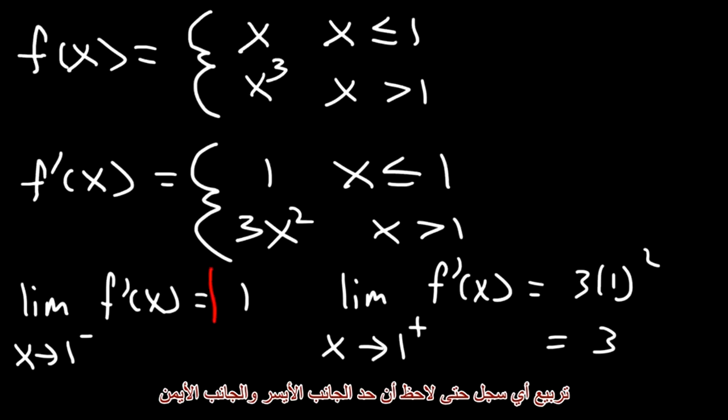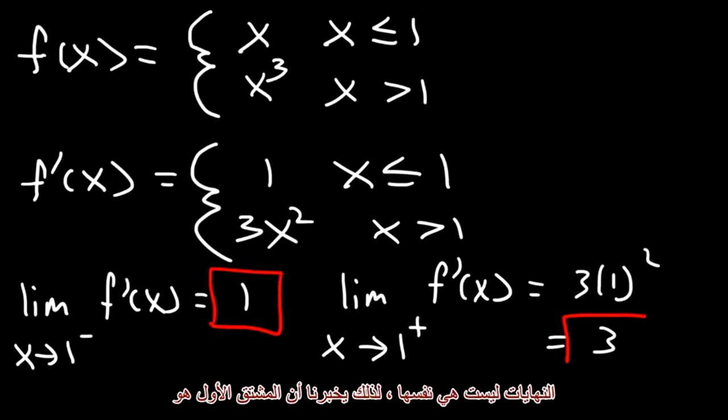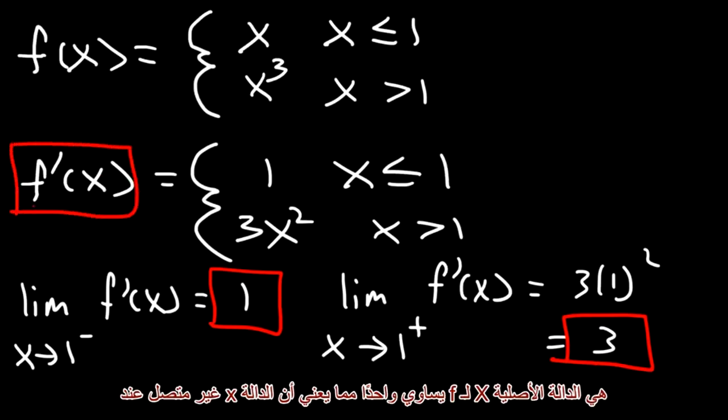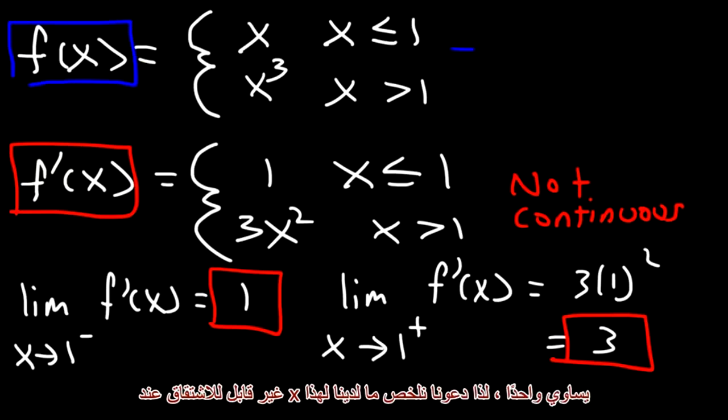So notice that the left-sided limit and the right-sided limit are not the same. So therefore, that tells us that the first derivative is not continuous at x equals 1. Which means that f of x, the original function, is not differentiable at x equals 1.